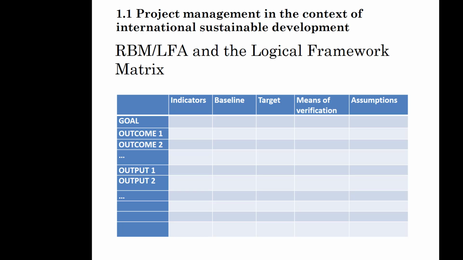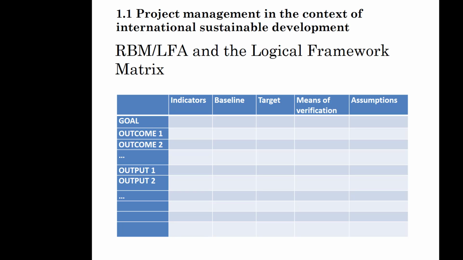The baseline could be, let's say, 15% of the children are currently undernourished. So this 15% is the departure point against which you can measure the achievement of your outcome. The target could be to reduce this undernourishment by 5% in the next 10 years, with the help of the project, of course.